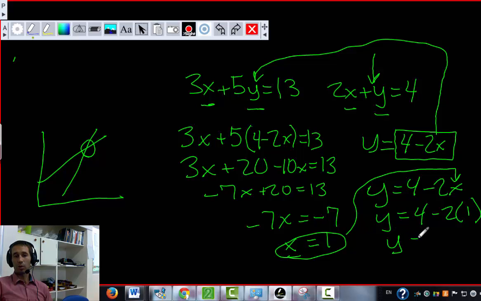So y is equal to 4 minus 2, which is 2. So the answer to this problem, or where these two lines would intersect if we graph them, is (1, 2). It's as easy as that.